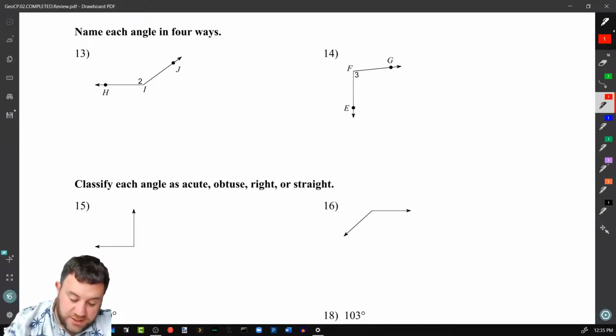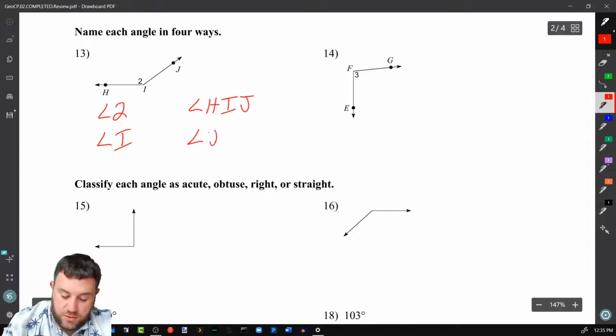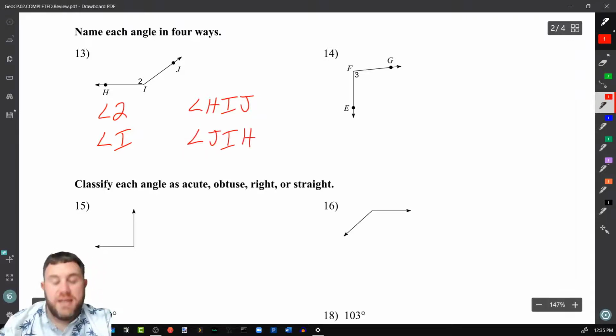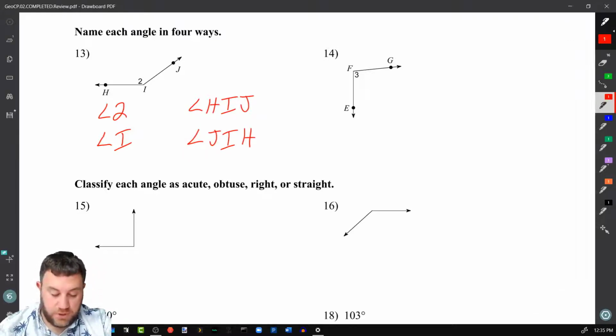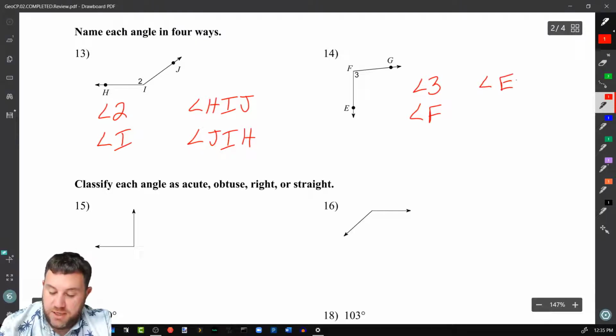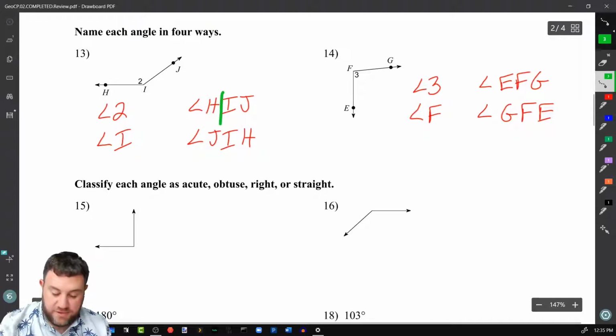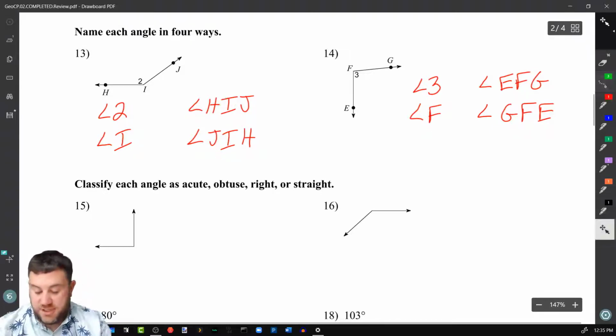So we could call this angle 2, or angle I, because that's our vertex, or angle HIJ, or angle JIH. For number 14, we could call this angle 3, or angle F, or angle EFG, or angle GFE. Notice for each of these, F is in the middle because it's our vertex. For each of these, I is in the middle because it's the vertex.